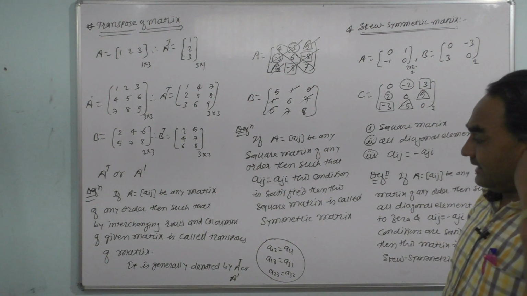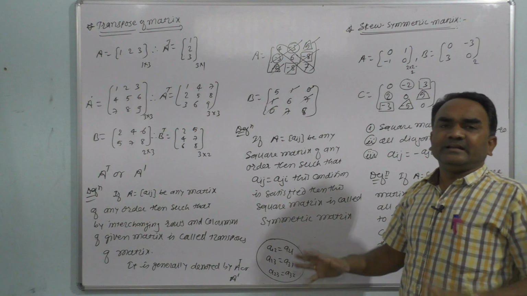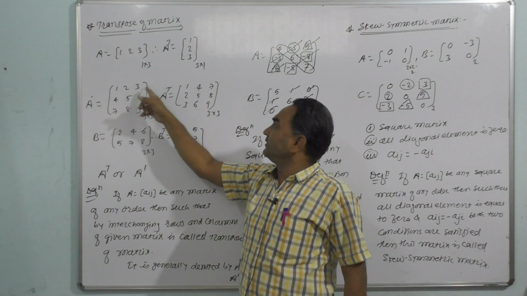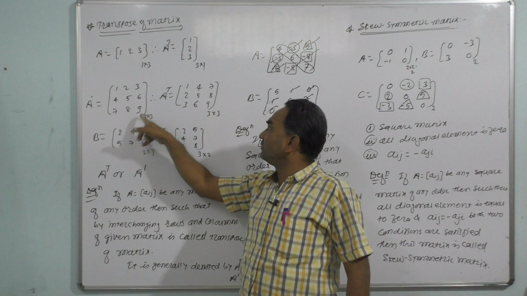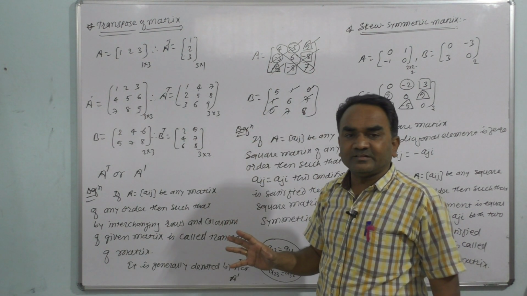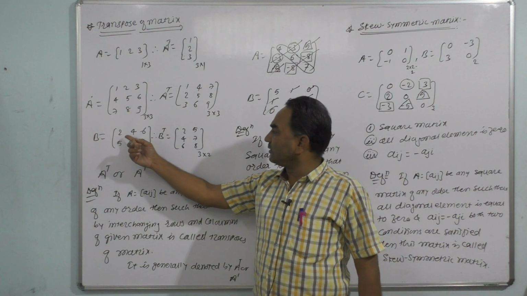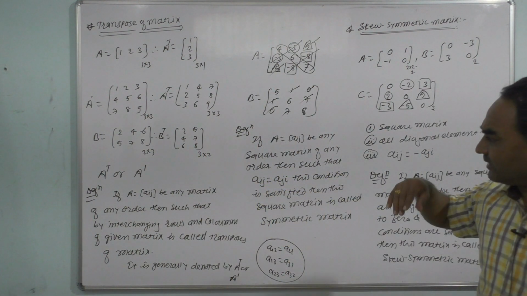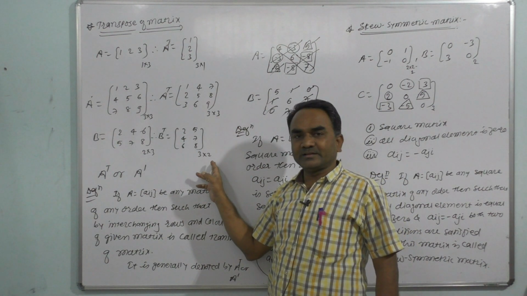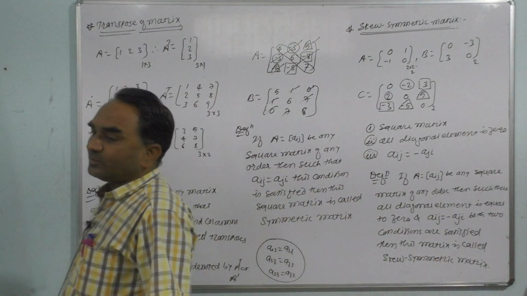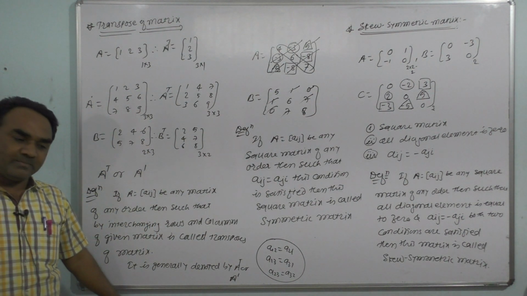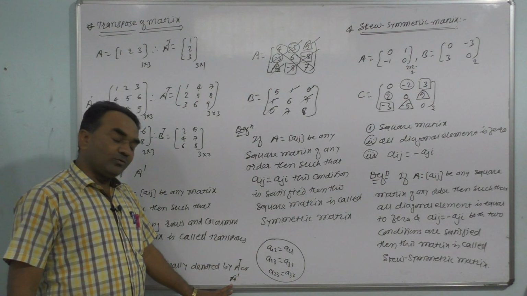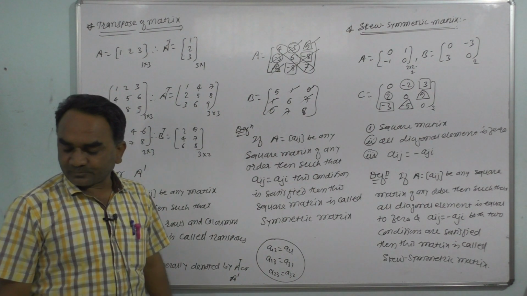If A is equal to Aij be any matrix of any order, then we interchange rows and columns. Notice, what was in a row has come into a column. The first row became the first column, the second row became the second column, the third row became the third column. So if you interchange rows and columns, it is called transpose of matrix. Here the first row became the first column, the second row became the second column, so a 2 × 3 matrix becomes 3 × 2. Rows are converted into columns and columns are converted into rows. So transpose of matrix, by interchanging rows and columns of the given matrix, is called transpose of matrix, and it is generally denoted by A to the power of T or A to the power of dash. Okay, transpose of matrix.